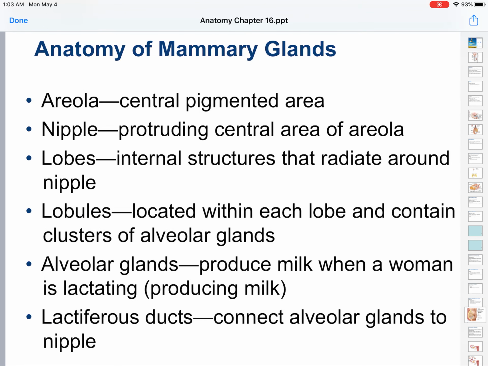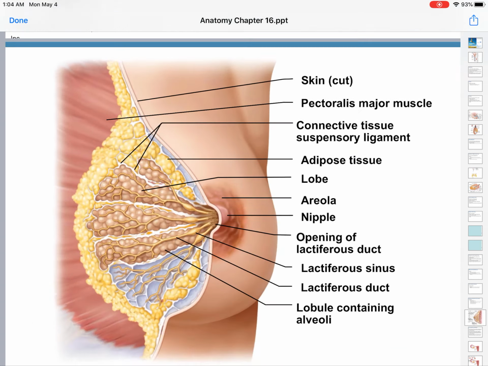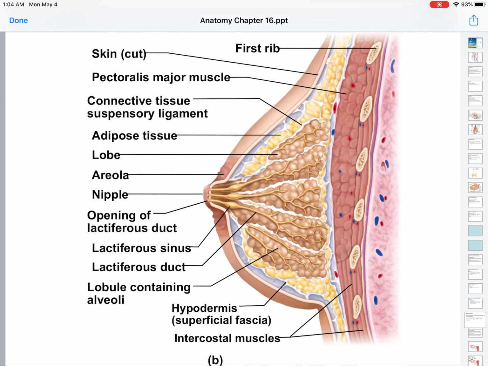Is there anything else I did not cover? Alveolar glands leading to lobules, leading to the lobes and the nipples. Nope.